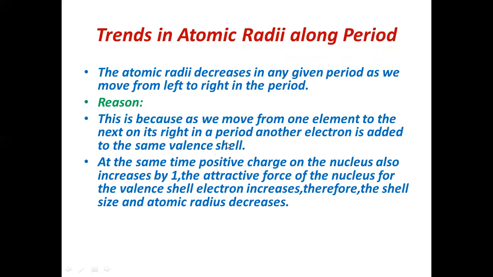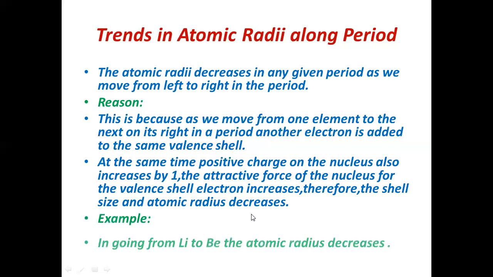Only with increasing atomic number do the number of electrons and protons increase. So the positive charge on the nucleus increases by 1, meaning 1 proton is added to the nucleus. That proton will attract the electrons added in the outermost shell more strongly, and due to that stronger attraction between the nucleus and the outermost electrons, the size of an atom decreases, or the radius decreases.